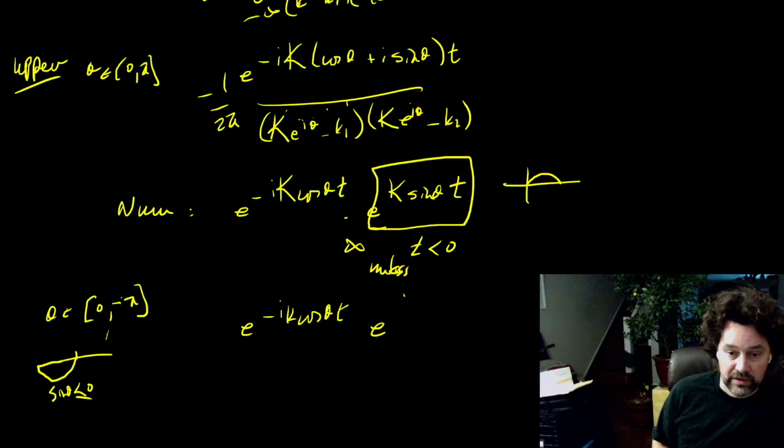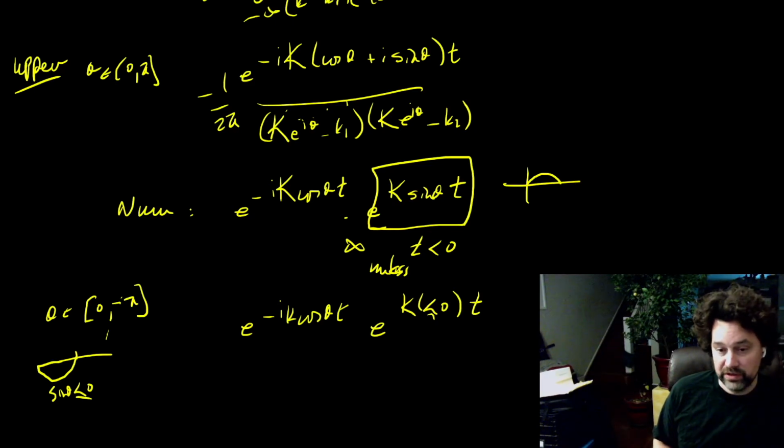So we have k sine theta less than or equal to 0 times t. So this will blow up if t is negative. So this is infinite unless t is greater than 0.